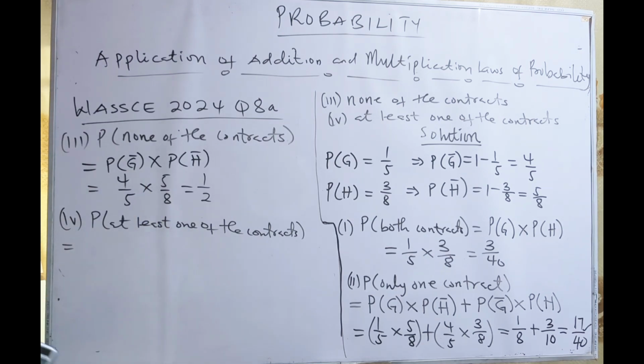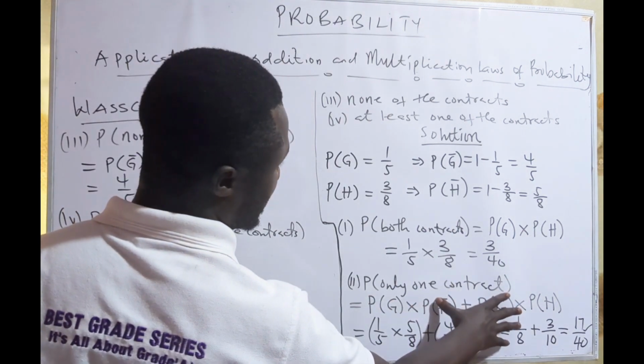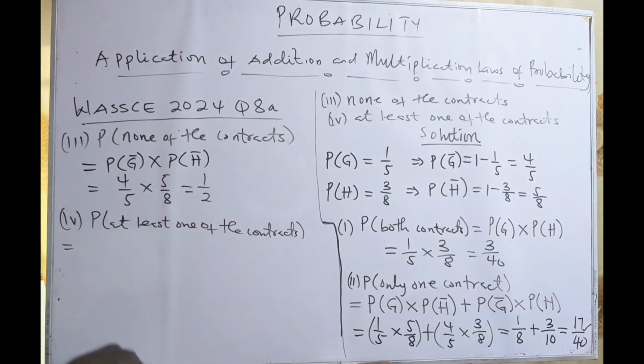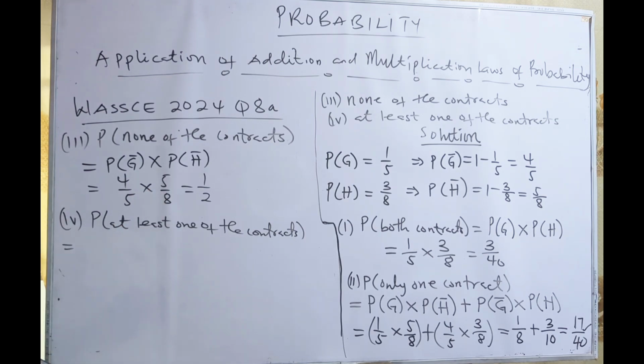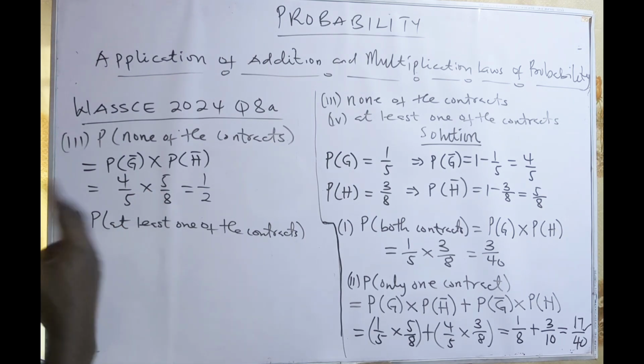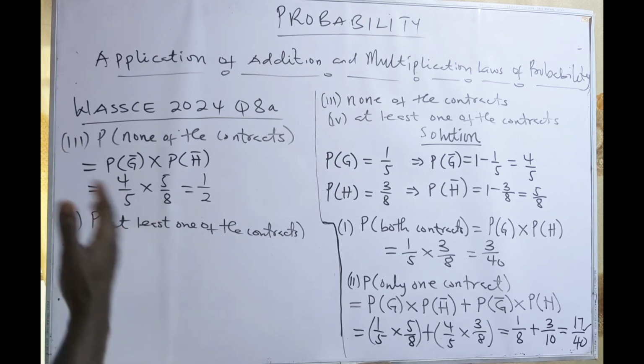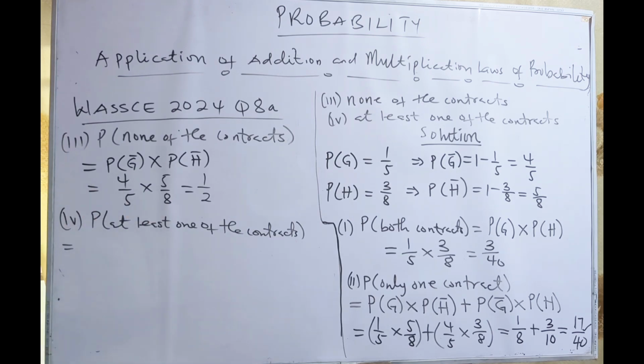Okay, and if the company wins one, that is what we did here. That means the company will win J and not win H, or win H and not win J. That is one. Or the company can win both. That is the company winning J and winning H. So that is at least one of the contracts.